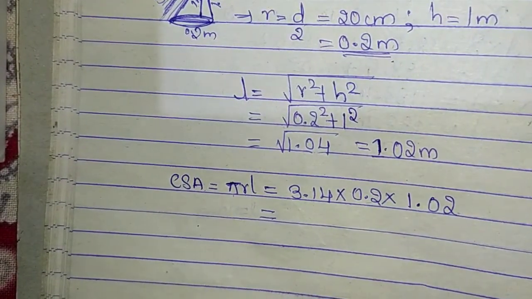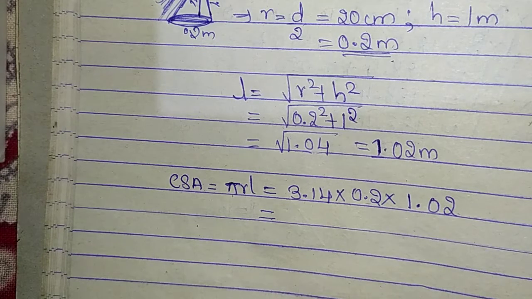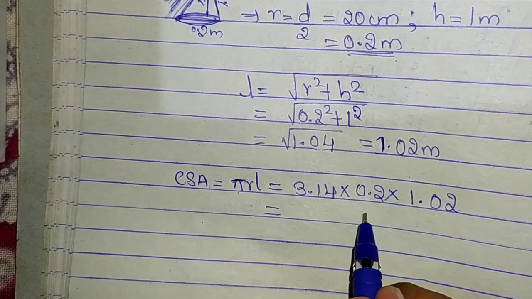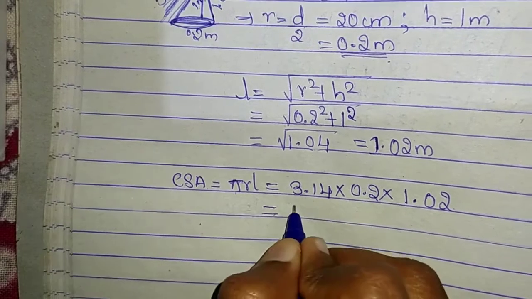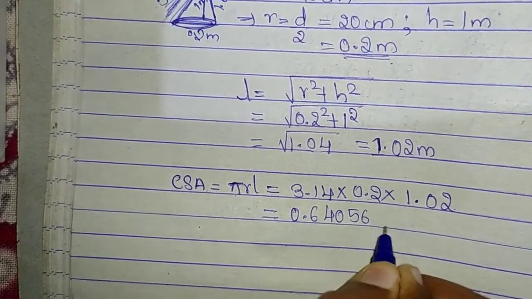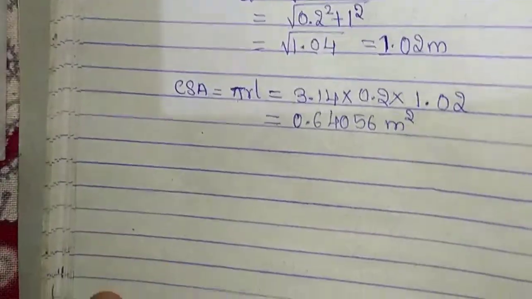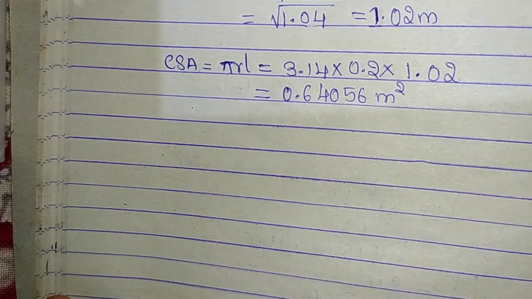So on multiplying all of these we get 3.14 into 0.2 into 1.02 is equal to 0.64056 meter square. This is the curved surface area of one barricade cone.